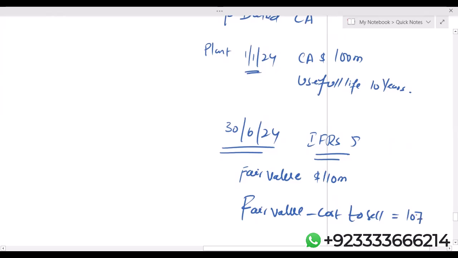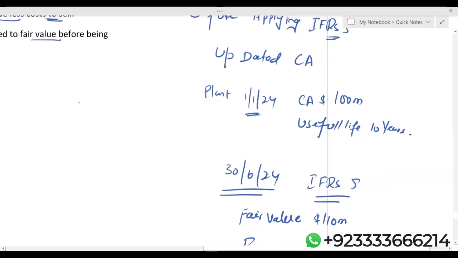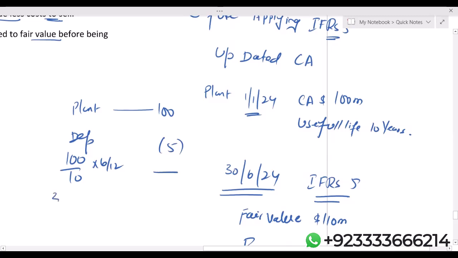Now, what IFRS 5 says is, before applying IFRS 5, you have to calculate the updated carrying amount of the asset. So let's say the plant carrying amount on 1st January 24 is 100 million. First, I have to depreciate for the 6 months. That is 5. So on 30th June 24, the carrying amount is 95.